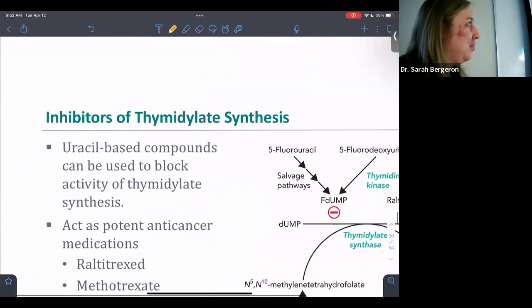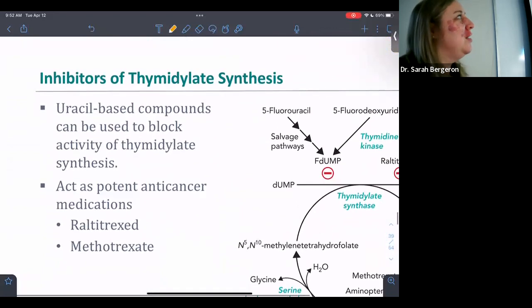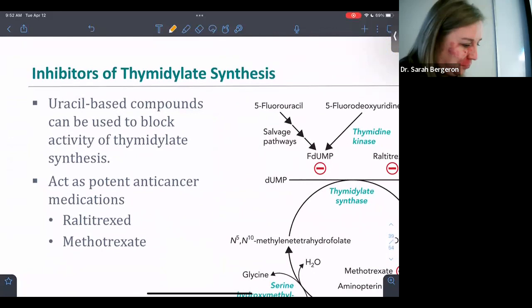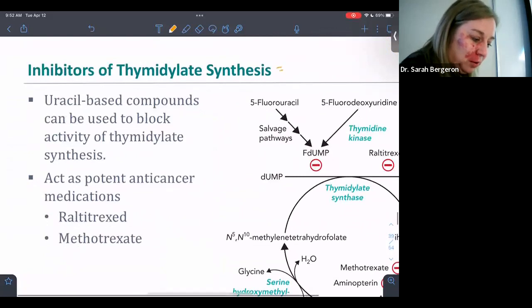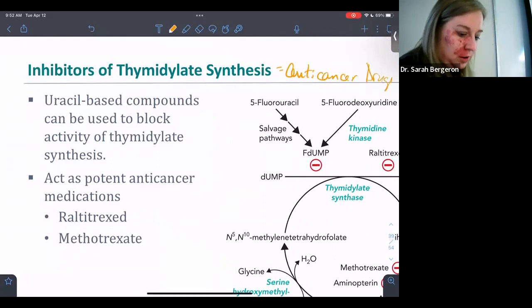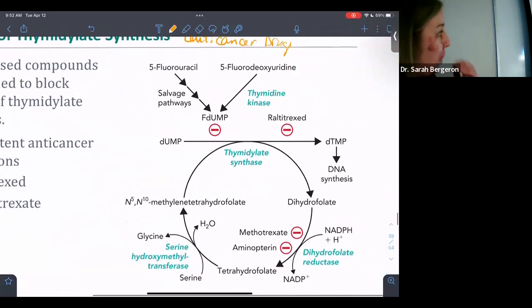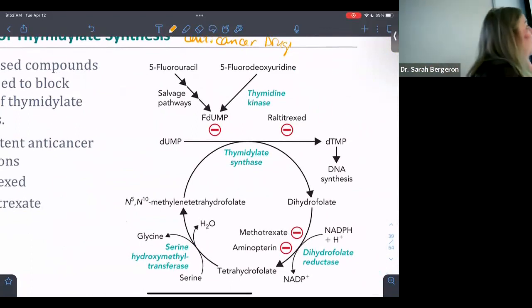Okay. All right. So now this is on the cancer kick, right? As we're talking about cancer, inhibitors of thymidylate synthesis are all examples of anti-cancer drugs. So let's look at our pathway in general before we add any drugs to it, right?